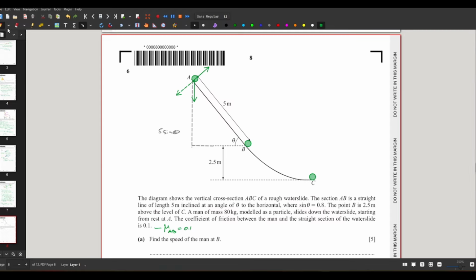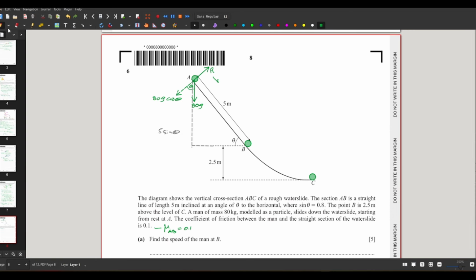Okay, so let's indicate them also. Here. This is R, this is 80g. So since this is theta, we can write the component 80g cos theta.